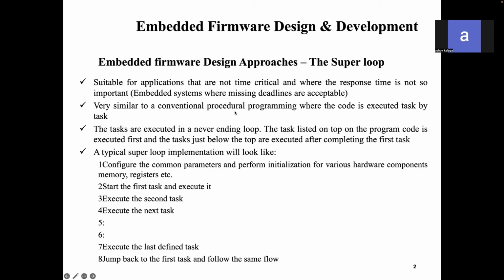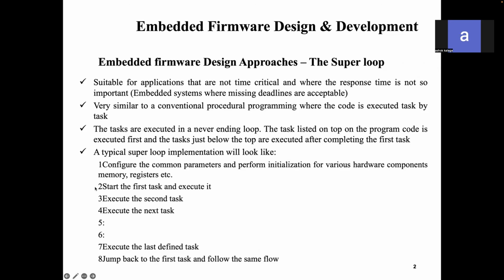This is very similar to conventional procedural programming where the code is executed task by task, and the tasks are executed in a never ending loop. The tasks listed at the top of the program code are executed first, and the tasks just below are executed after completing the first task.